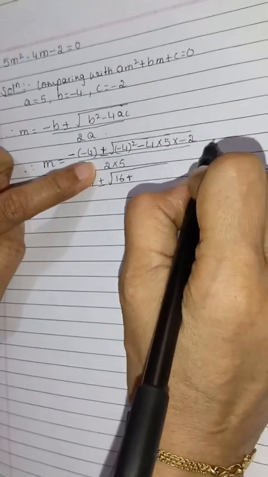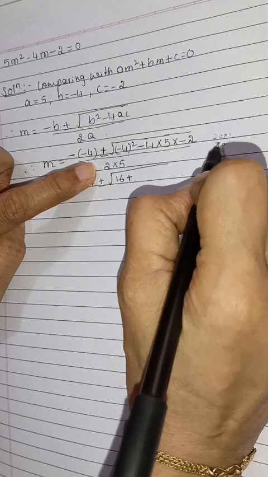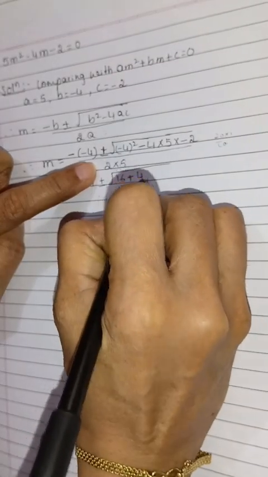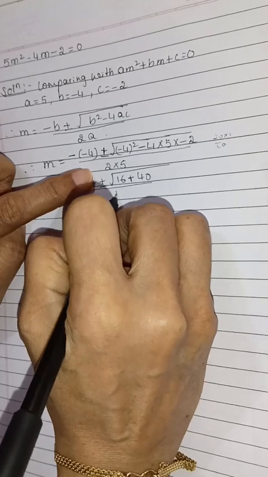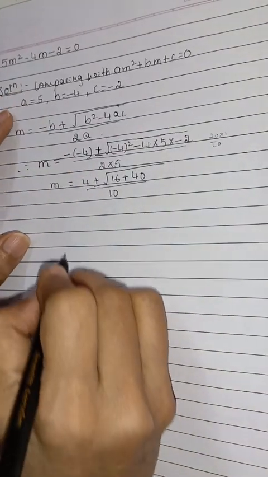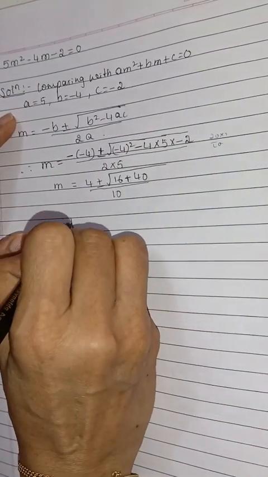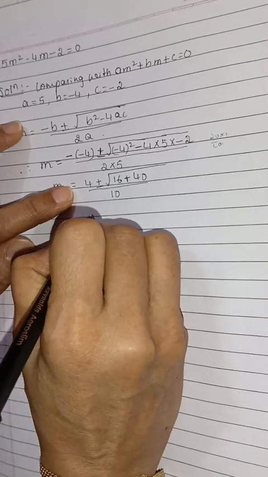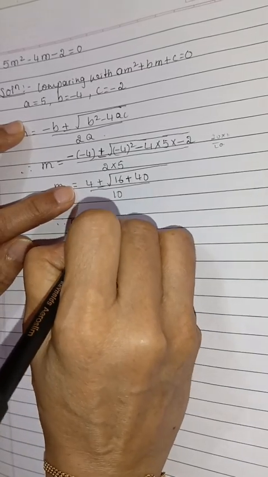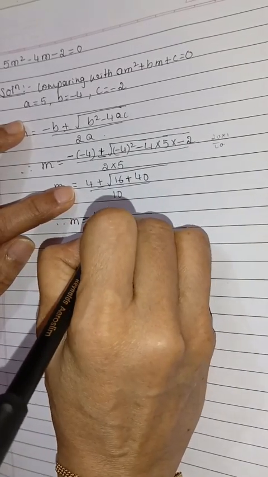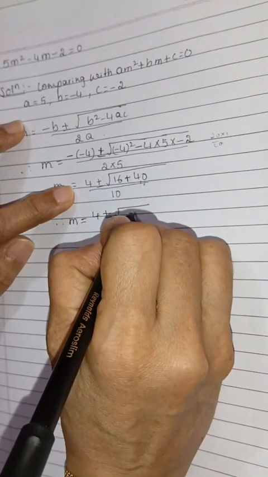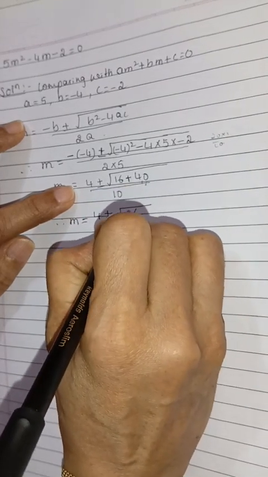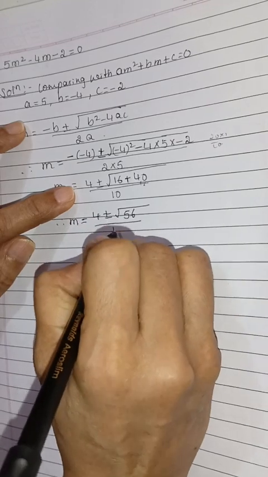So 40 divided by 5 2 is a 10. Okay, therefore m is 4 plus or minus, this is 40 plus 16 is 56, root 56 divided by 10.